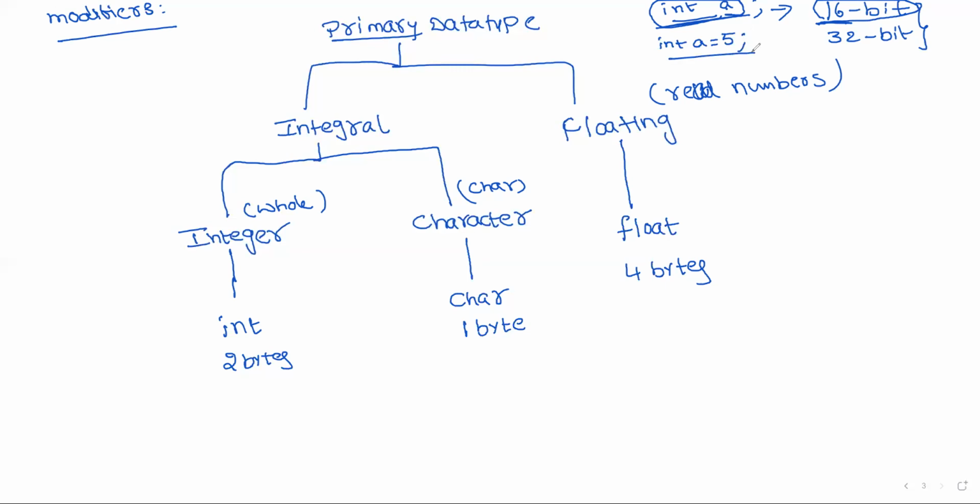Everything is stored in the form of zeros and ones, right? Whatever information we are storing is stored in zeros and ones. Why? The computer understands zeros and ones. So for 5, how much memory is actually allocated? 2 bytes, which means 16 bits of memory is allocated.